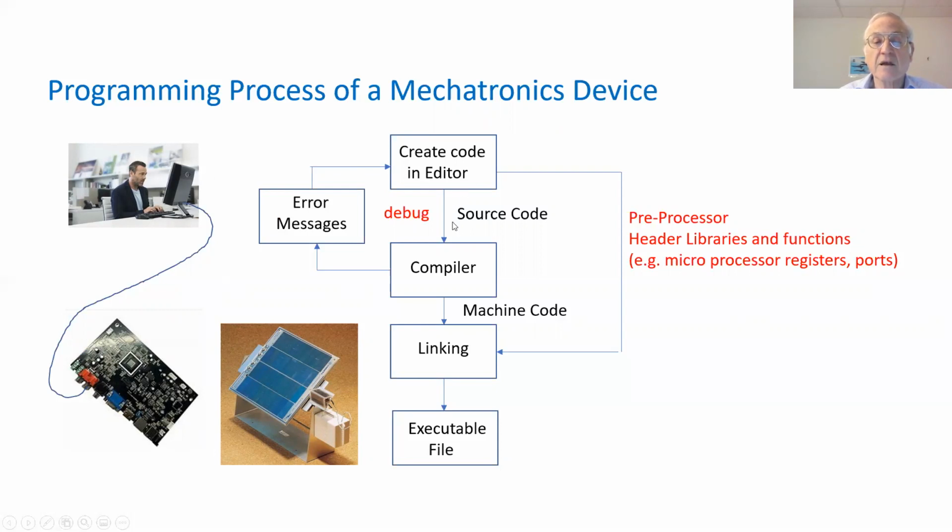Then it goes to the compiler to generate the source code, and then the compiler will provide us with error messages, and we'll go through the process of debugging. When we eliminate the bugs, the compiler will proceed to generate the machine code.